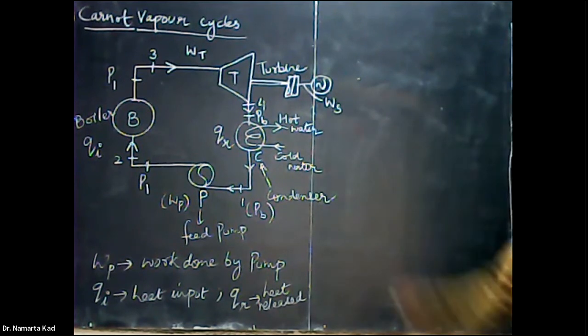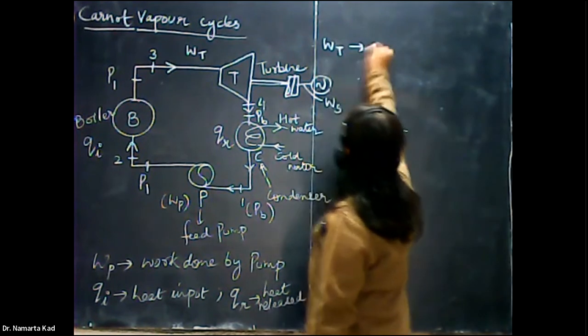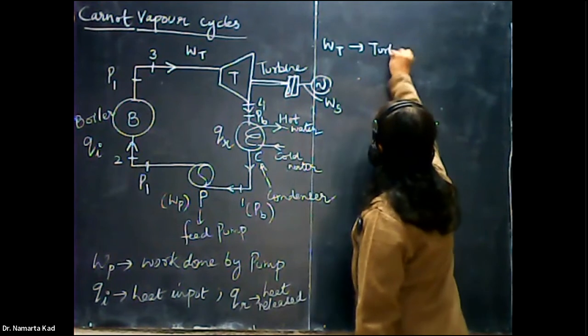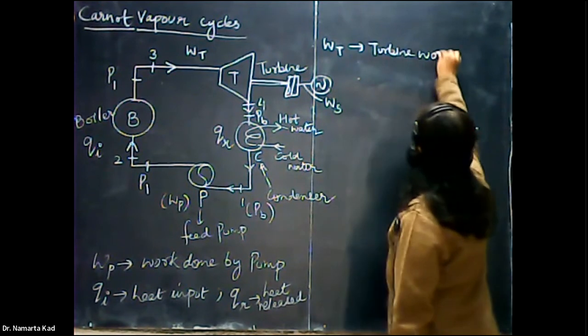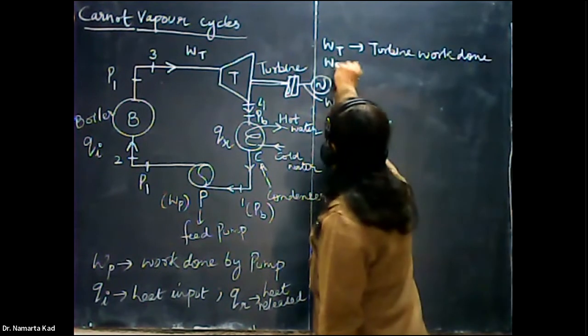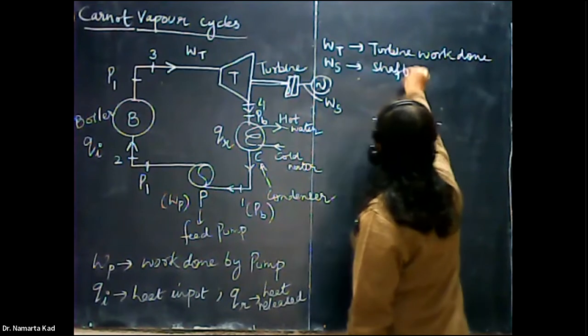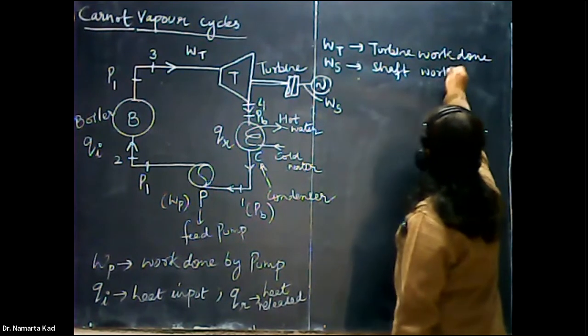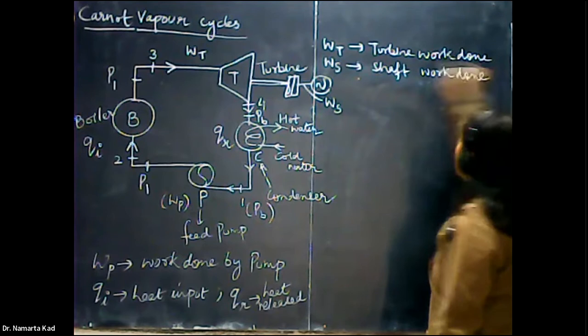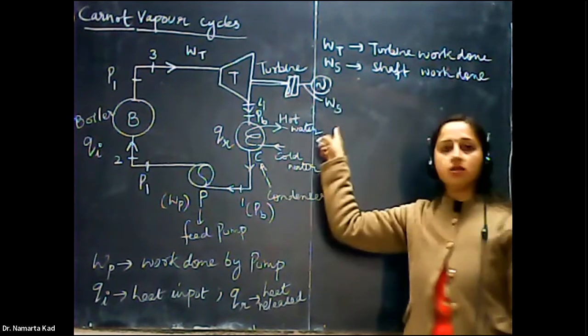WS is the work done on the shaft, and write down here WT is the turbine work done, and WS is the shaft work done.